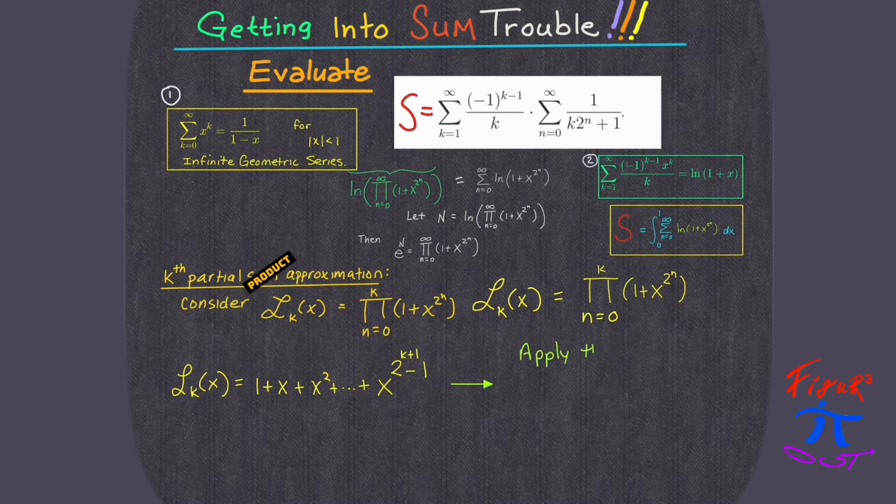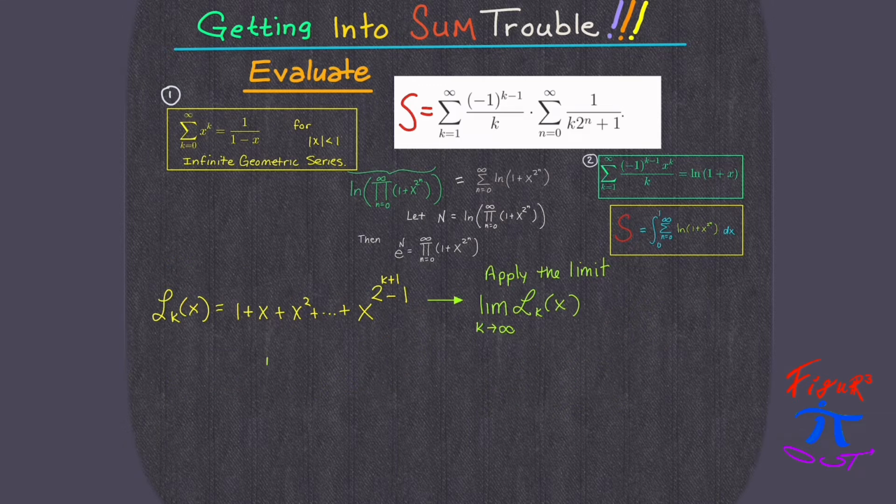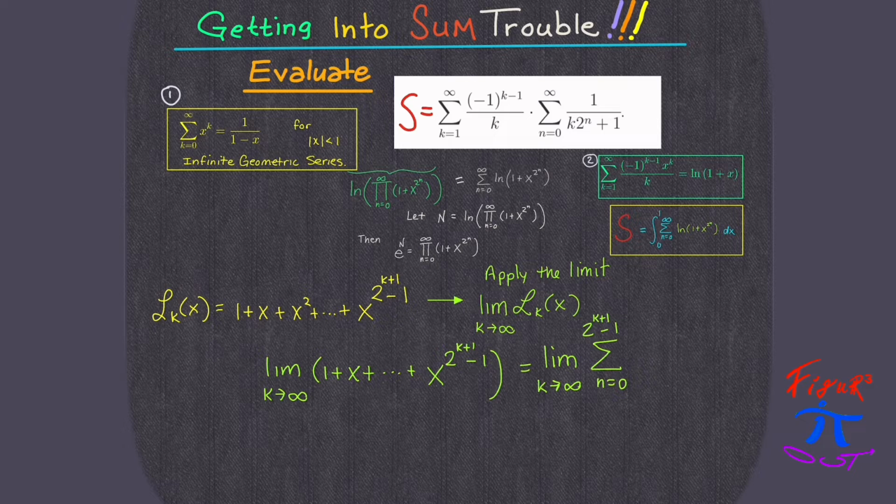Okay, so now we can apply this idea of a limit, letting k go to infinity. And so we can write this as the limit, as k goes to infinity, of this expanded polynomial, or we could write it out in compact summation notation, since we're going up to the 2 to the k plus 1 minus 1 power on n.